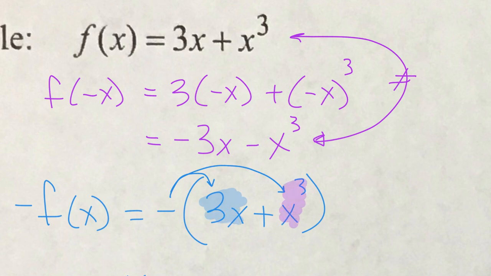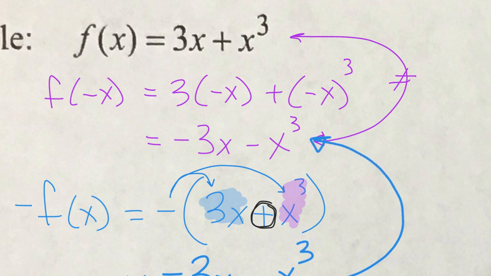How do we know that these are individual terms? There is a plus sign that separates them. A plus or a minus operation sign always separates your terms in your equation. So negative 3x minus x cubed, and now we compare to this one.